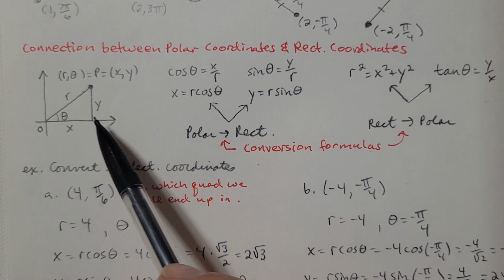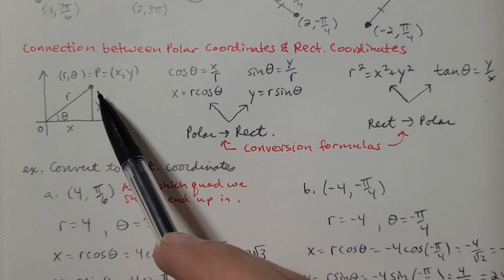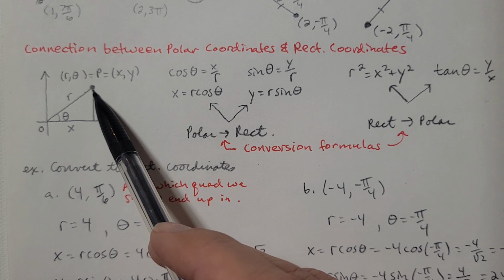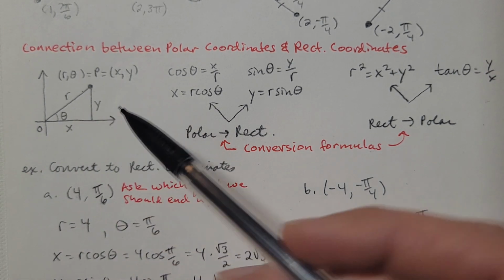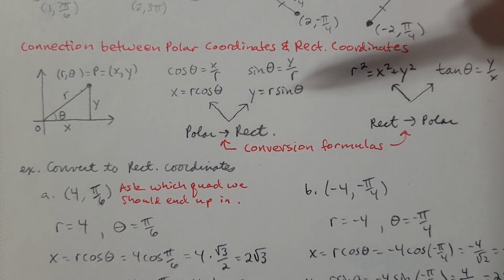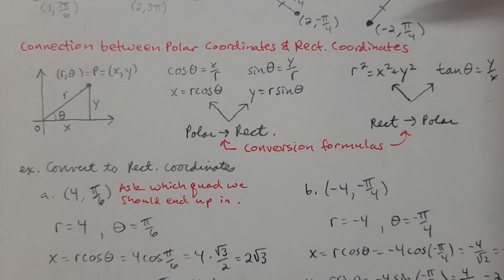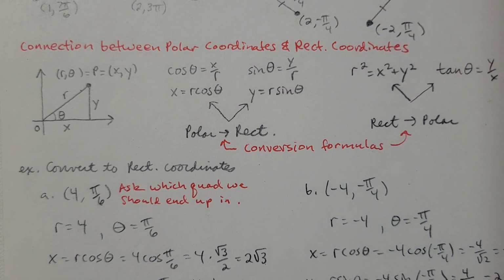That puts me in the same spot as the point (x, y). So (r, theta) would be the same thing as (x, y), but that does not mean r is equal to x and theta is equal to y. Don't get those mixed up, okay?